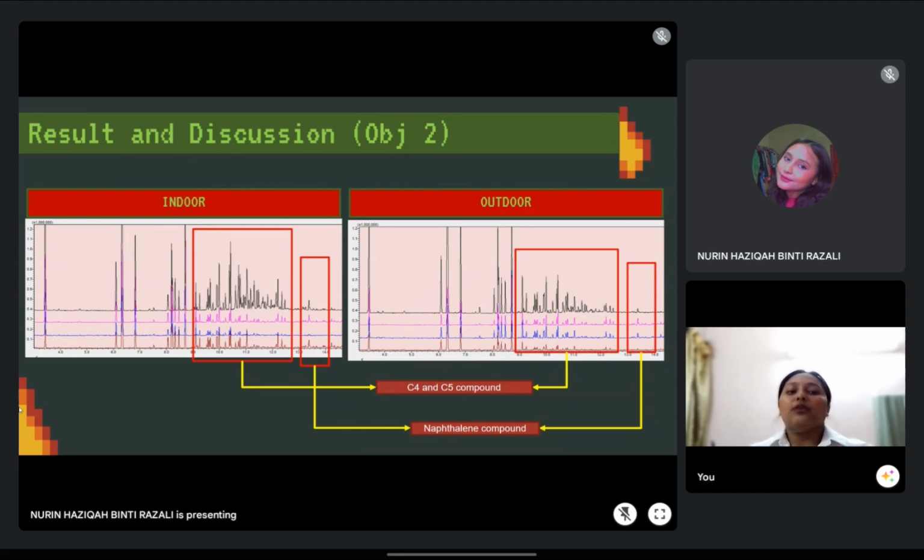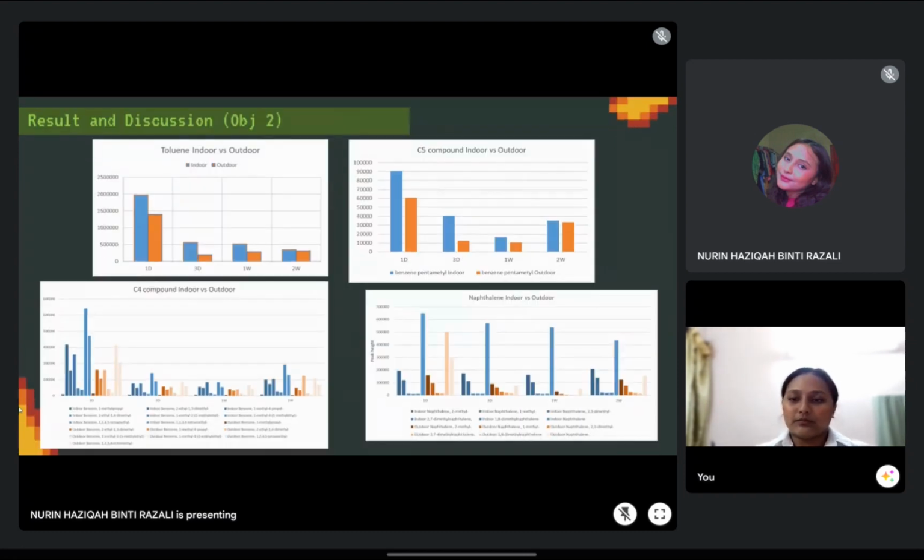Based on this diagram, we can see that the higher molecular compounds such as C4 and C5 and also naphthalene seem to experience this increase and decrease of peak height in outdoor and indoor conditions.